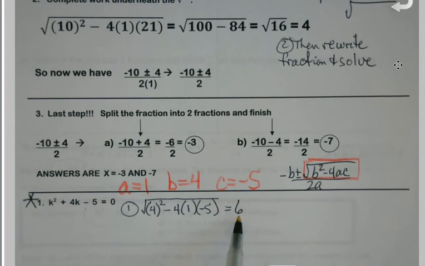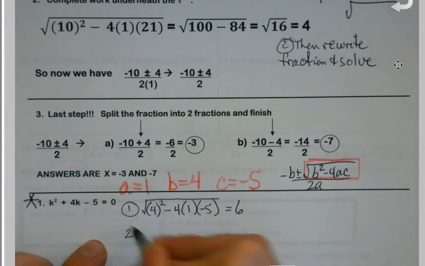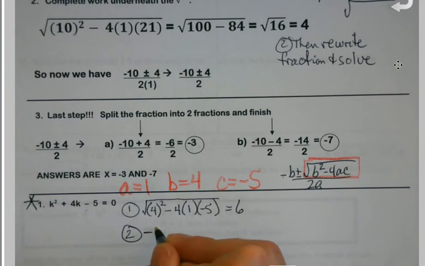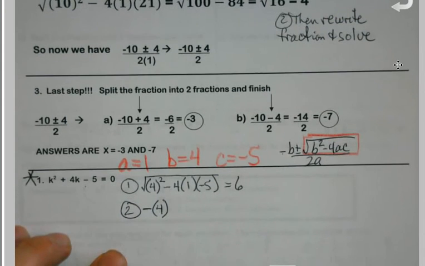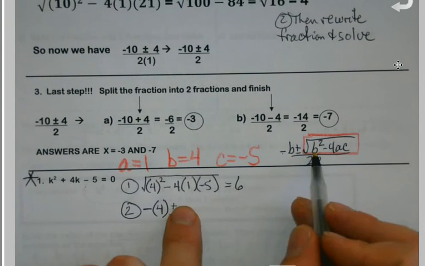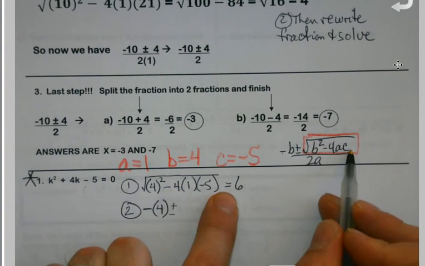So now I have this part done. So part 2, this says negative b. So negative b, and now I'm just going to copy this, plus or minus. I just figured out what this part is. This square root of b squared minus 4ac is 6.